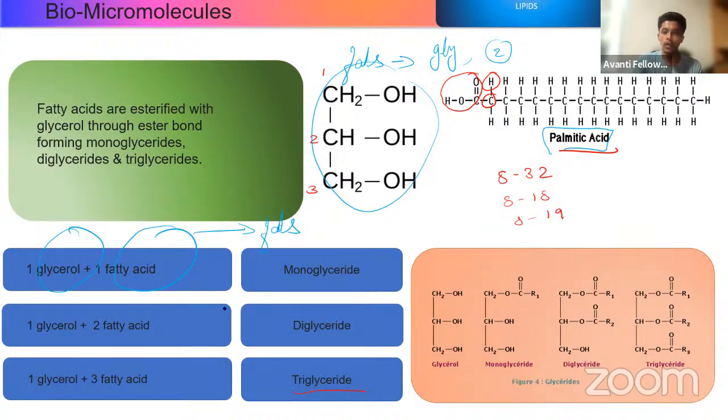Now look here, you have a glycerol. To the first carbon atom, you can see there is one fatty acid linked together. When they link together through a glycosidic linkage, it will form monoglycerides. If you have two fatty acids, it will form diglycerides. If you have three fatty acids, you have triglycerides. Usually we discuss triglycerides more. Why? Because these are fats, right?